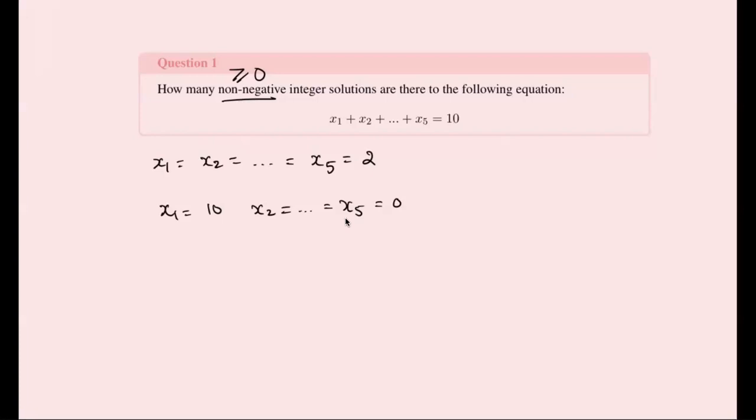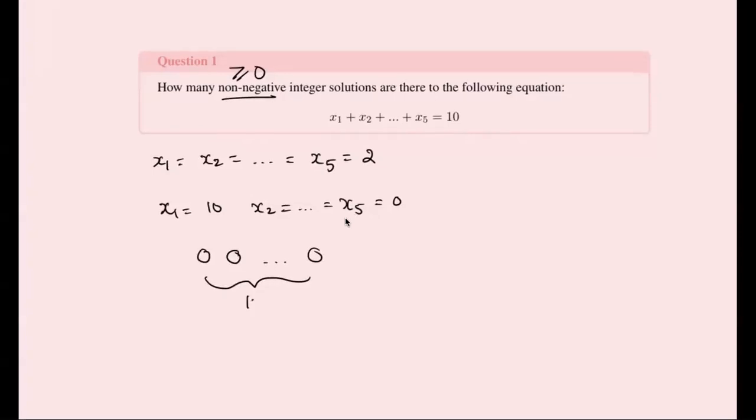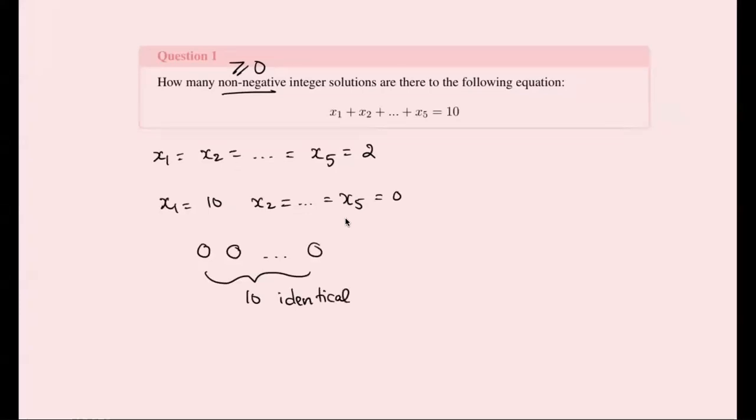And I will convert this problem into the problem where you have 10 identical balls and you want to distribute them into 5 bins.